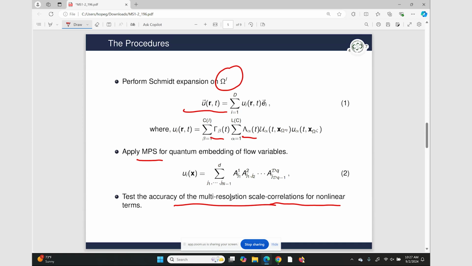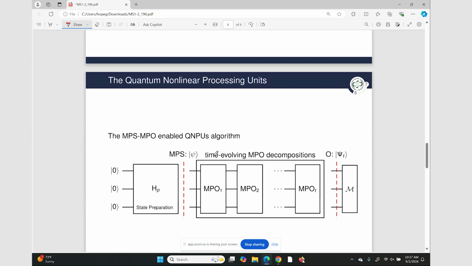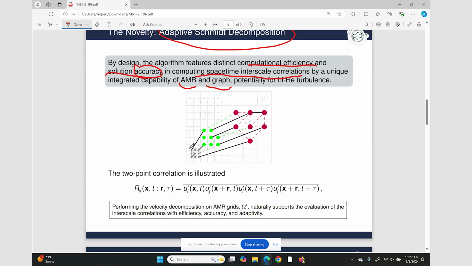Before we go on to this quantum nonlinear processing unit, I mentioned that the new features are computational efficiency and solution accuracy. But what's the challenge? In CFD, we often solve problems with a large computational grid, and our system is large as well, meaning we have multiple solution variables.